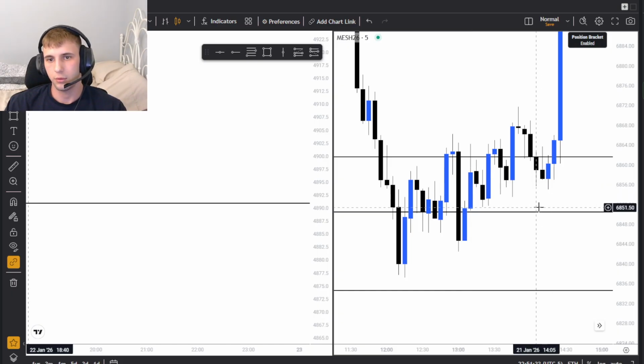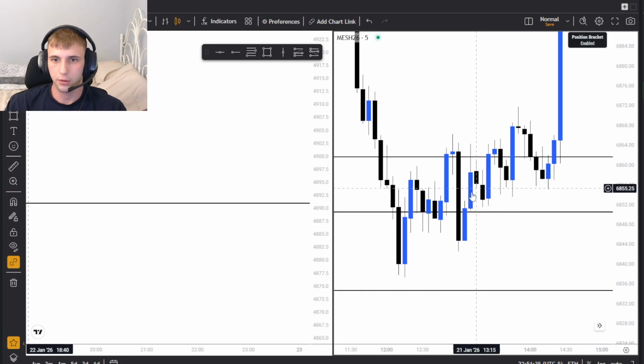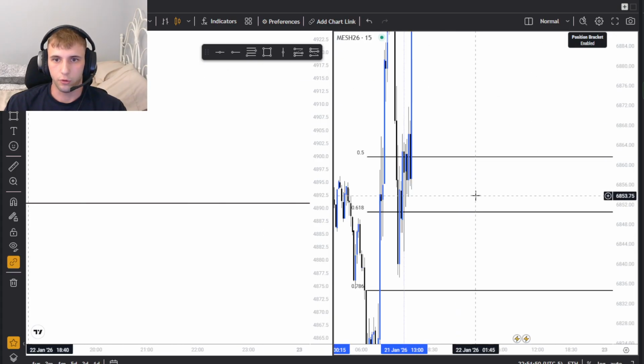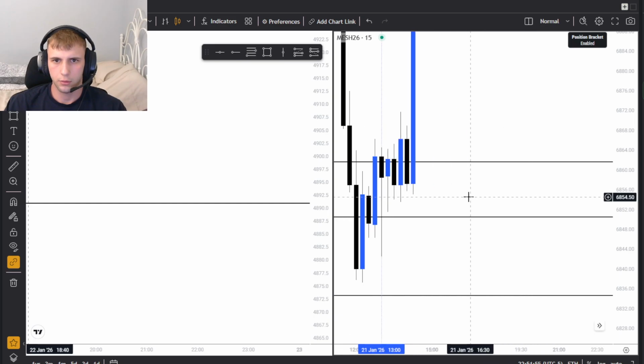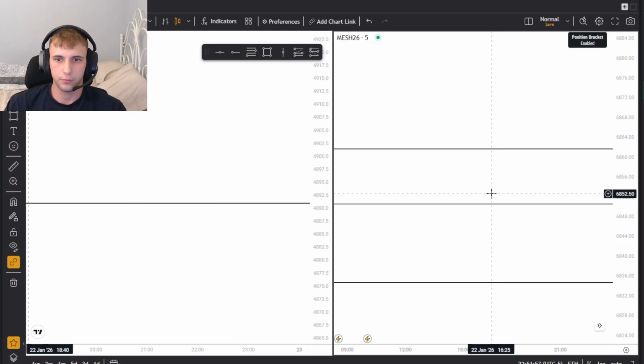Example. Here. This is a very good one, actually. This move right here, from this low to this high. Let's see what kind of move it is. This is a 5-minute move.